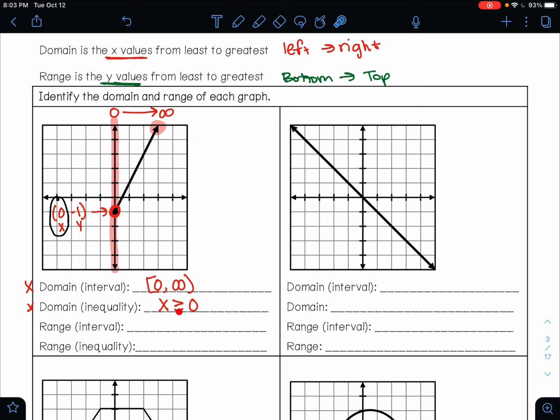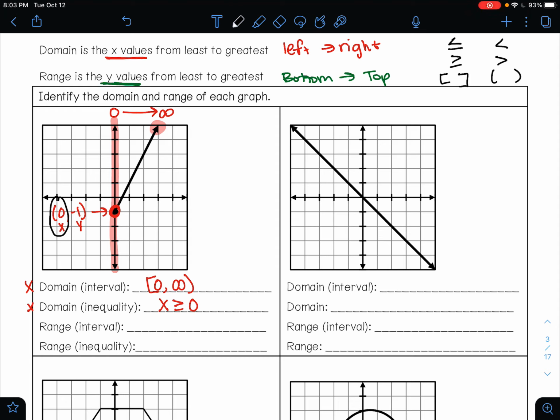I know that it's equal to because I have a bracket. So you need to think back to what we learned earlier in this unit. If you have greater than or equal to or less than or equal to, those are going to be brackets. If you have a less than or greater than, that's going to be parentheses.